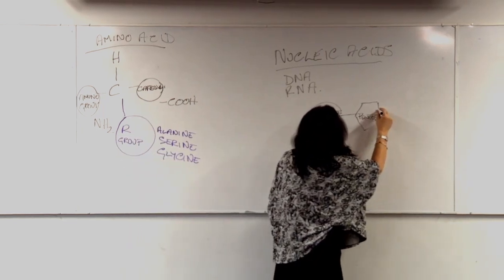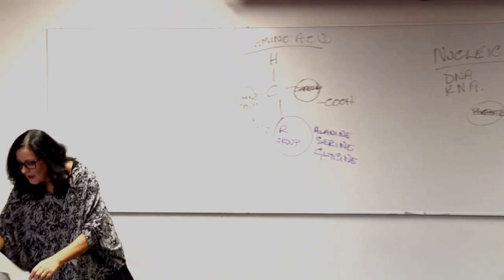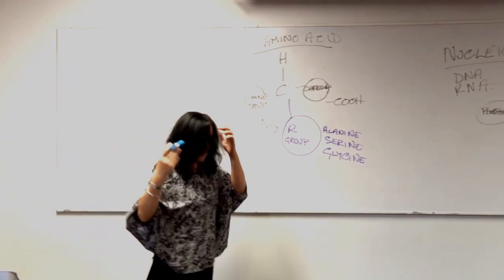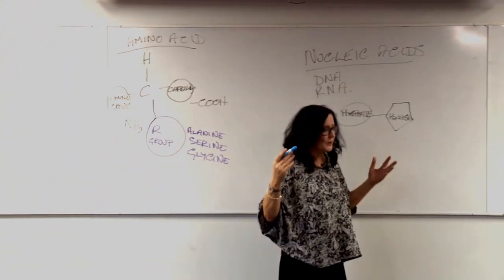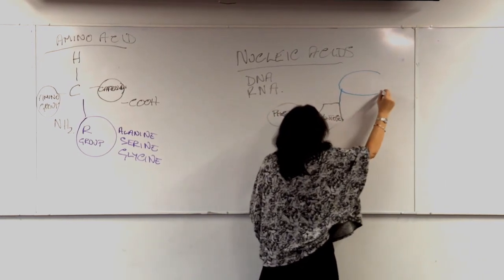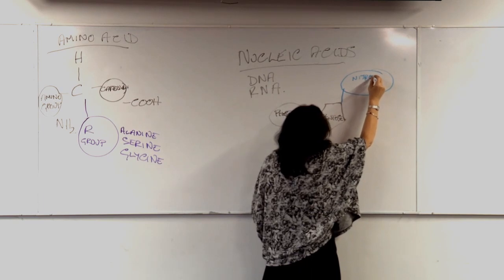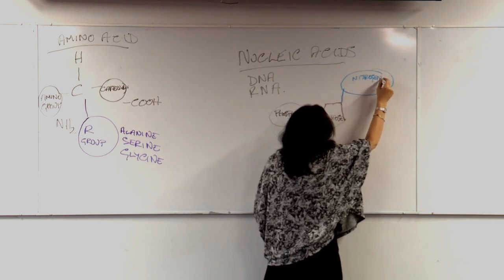Okay. Let's get a slightly different colour for this bit. This is the bit, a bit like the amino acid, that determines what it is. Attached to that, we have a nitrogenous base, in other words, it's got nitrogen in it.